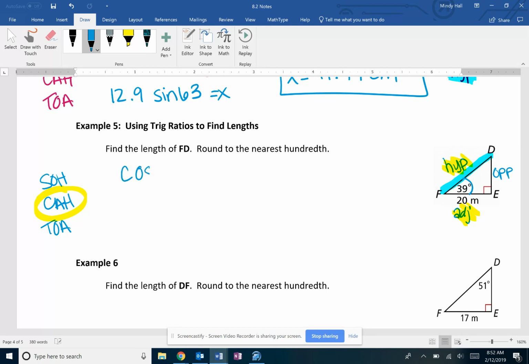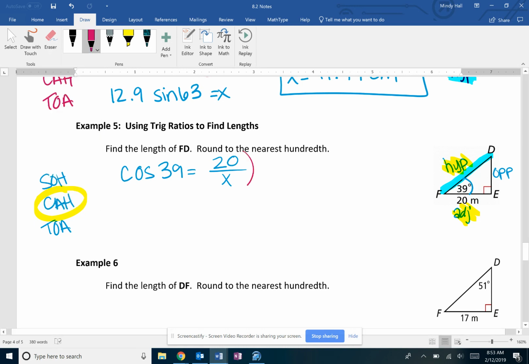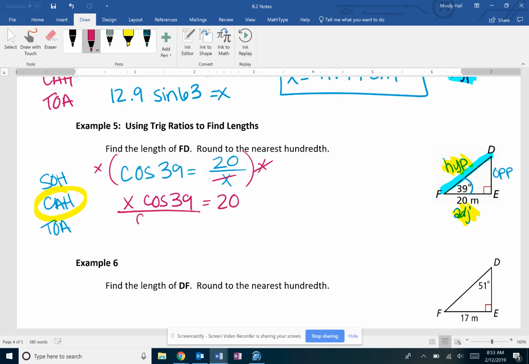So we'll have cosine of 39 equals adjacent, which is 20, over hypotenuse. We don't know, so we'll just put x. Then we'll multiply both sides by x to cancel it out. So we have x times cosine of 39 equals 20. And then we'll divide by cosine of 39.